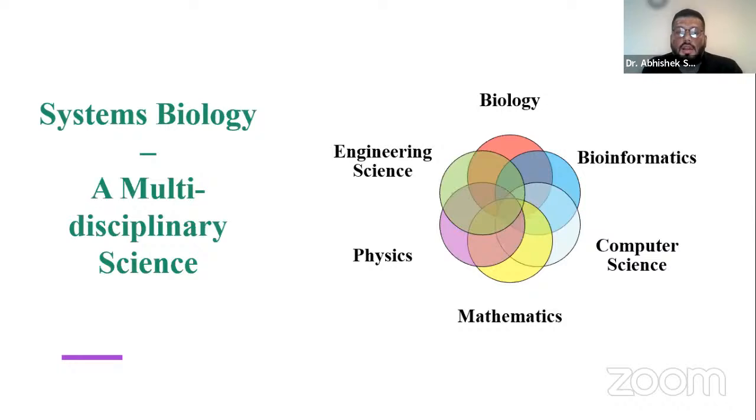All these are mathematical problems being used to solve problems in systems biology. I hope you understood why systems biology is a multidisciplinary field of science.